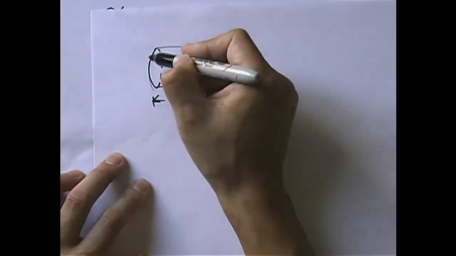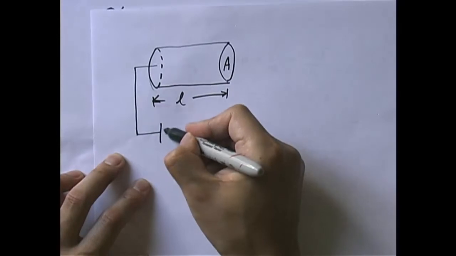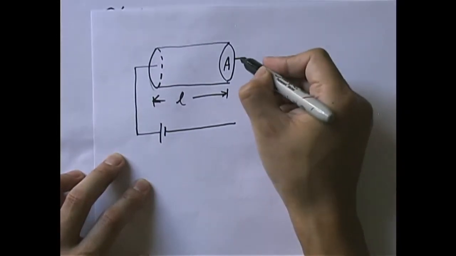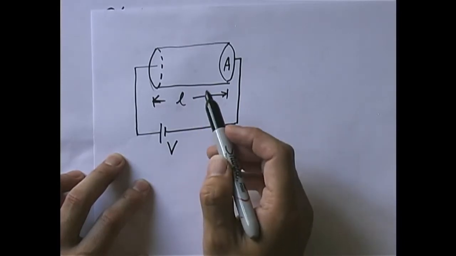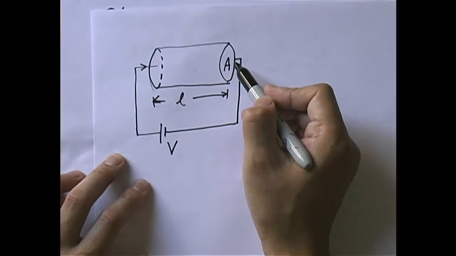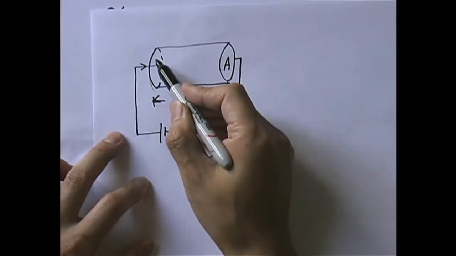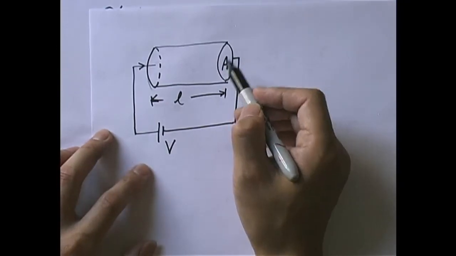And the way I can do that is by hooking up to a battery. That's one of the most common ways to do that. I hook up to a battery like this. This battery supplies a voltage difference V. As a result, the current will flow from the positive to the negative terminal. The voltage difference between this end and that end of this piece of conductor is V.